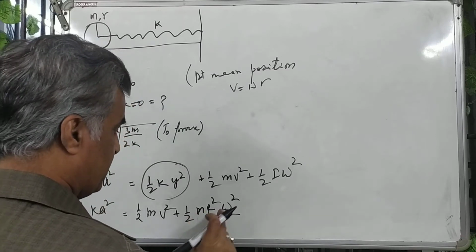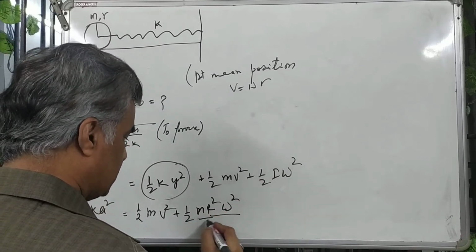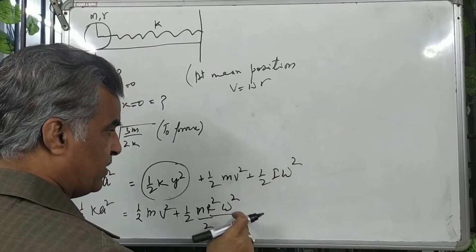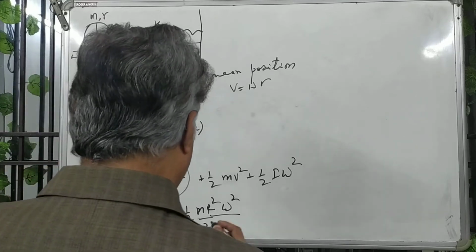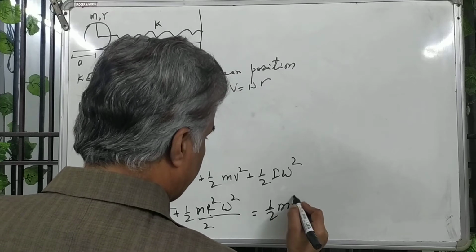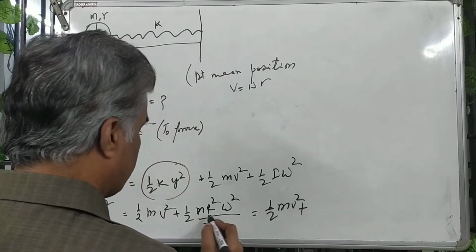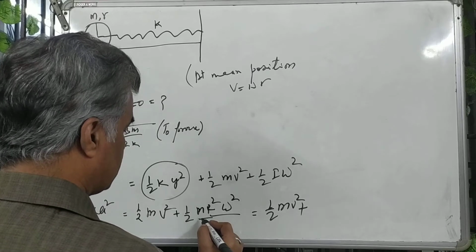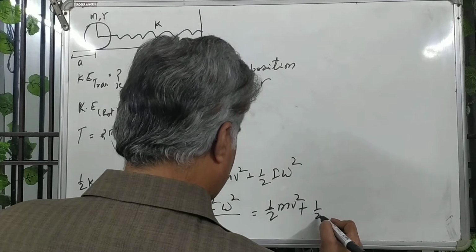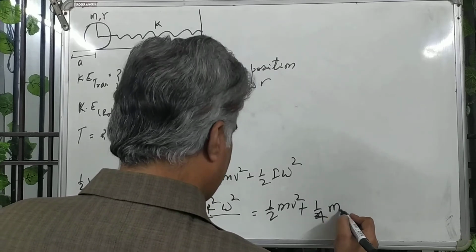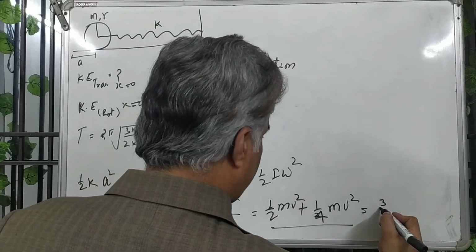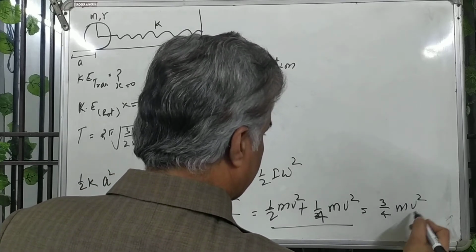So half times inertia. The inertia of the cylinder is half m r square, times omega square. So further, you are finding 1 upon 2 m v square plus half r omega as v, so this is 1 by 4 m v square. So this is equal to 3 by 4 m v square.